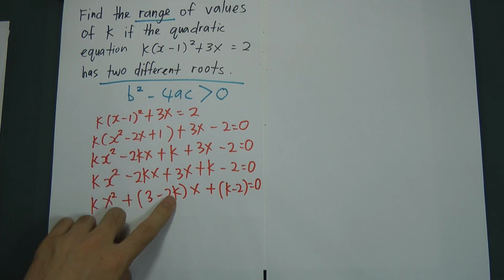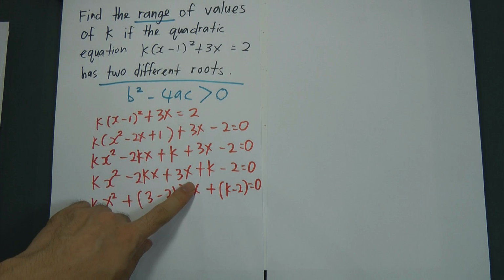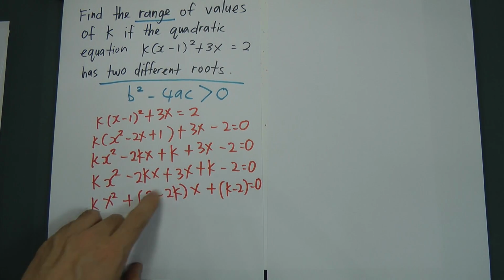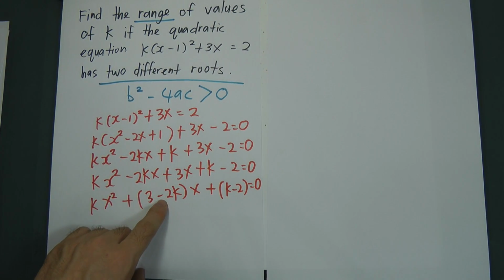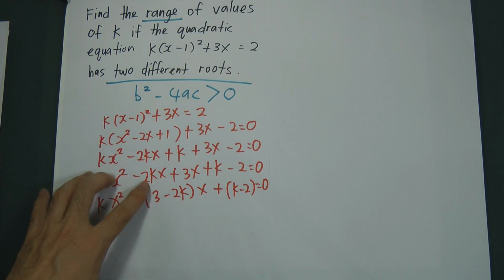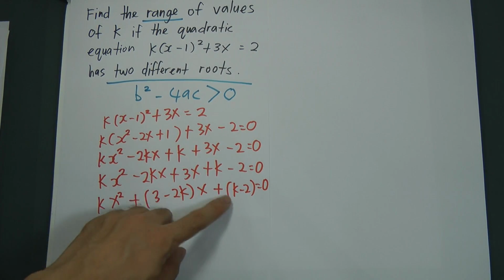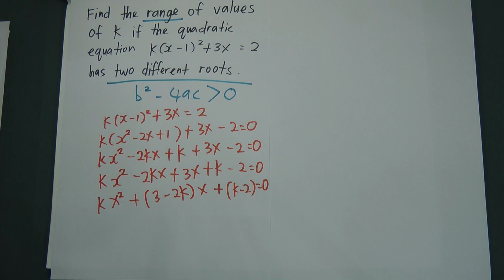Do you see a, b, and c? After I multiply this one in, I got positive 3x. Multiply this one in, I got negative 2kx. So it's exactly the same as the top, which means the factorization is correct. Then from here, again, general form.